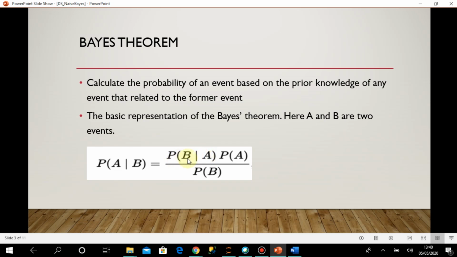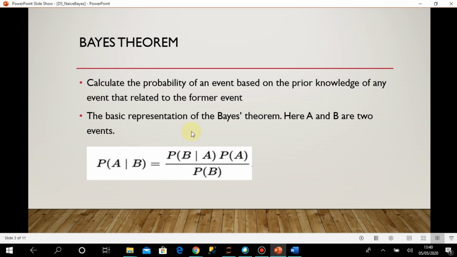So it is probability of B given A times probability of A, divided by probability of B. These are the individual probabilities, P of A and P of B, and this is the conditional probability for event B when A has already occurred, and here it is the conditional probability of event A when event B has already occurred.